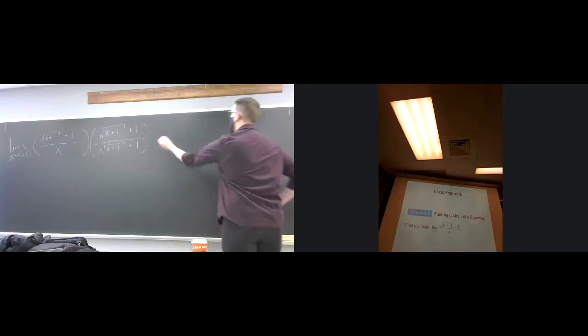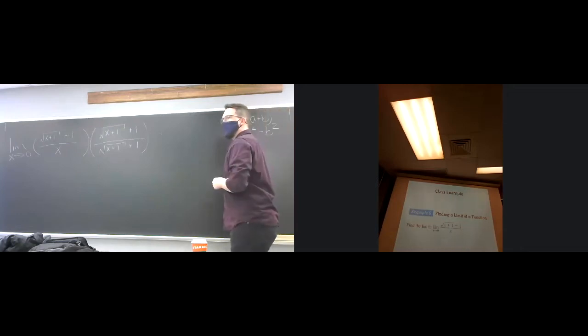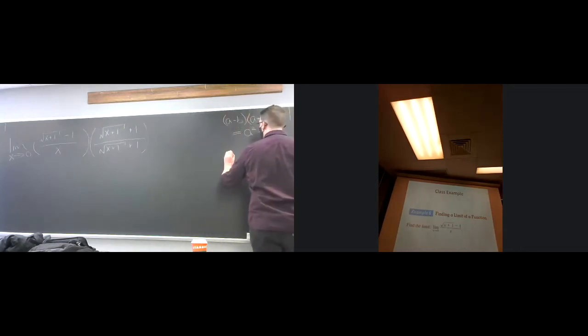Our numerator, because of the way we've got this set up, is of the form a minus b times a plus b, right? Agree? And this thing is going to come out to be a squared minus b squared, right? Well, here, our a is equal to the square root of x plus 1, and our b is equal to 1.